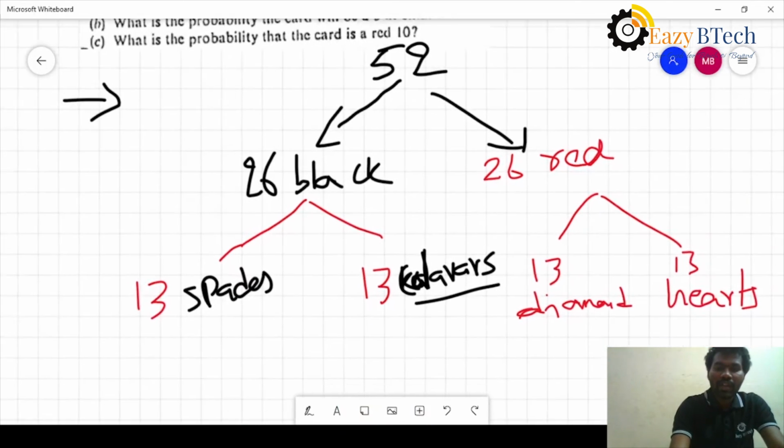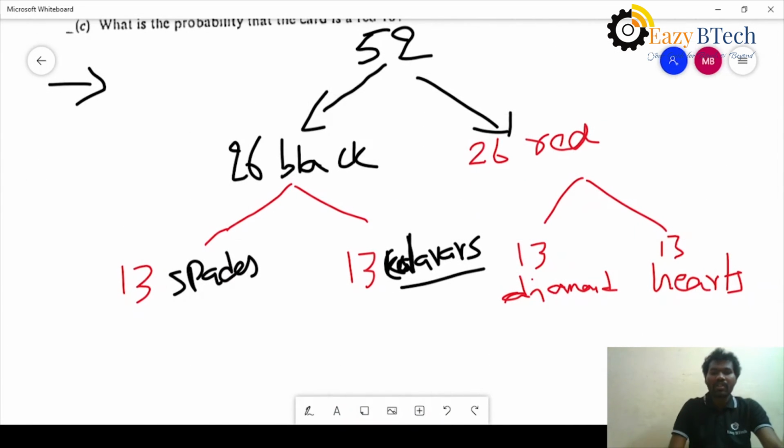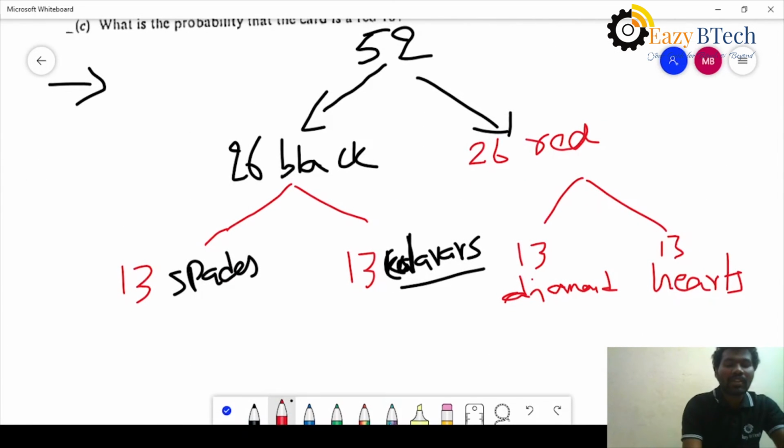Now another thing about these 52 cards. In 13 spades you have numbers from 2 to 10.